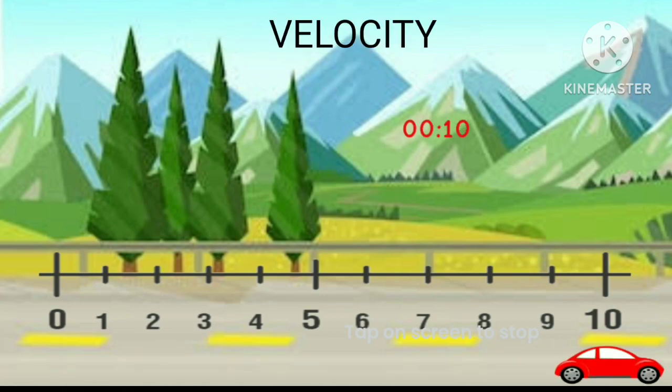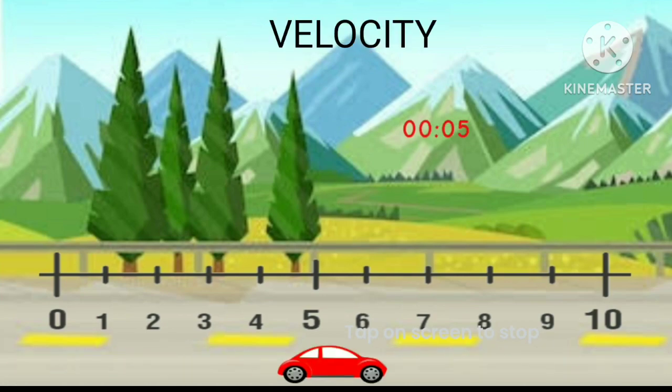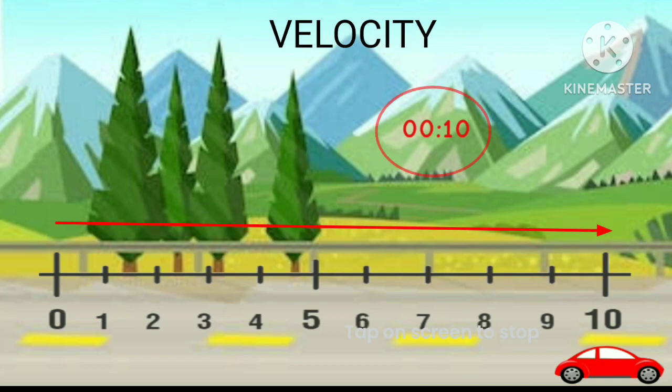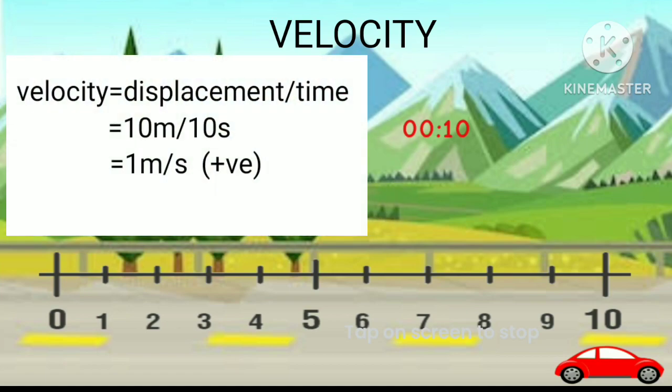Velocity is a vector quantity that describes both the speed and direction of an object's motion. It takes into account the displacement of an object over a specific time interval. The formula for calculating velocity is velocity equals displacement divided by time.